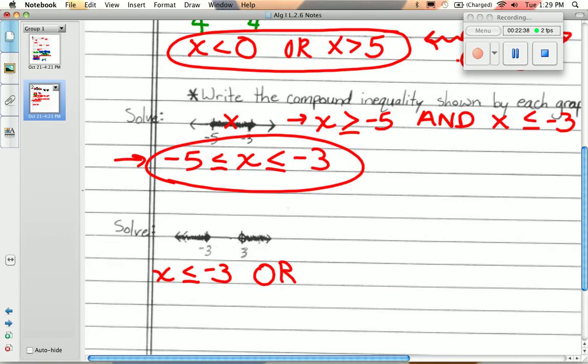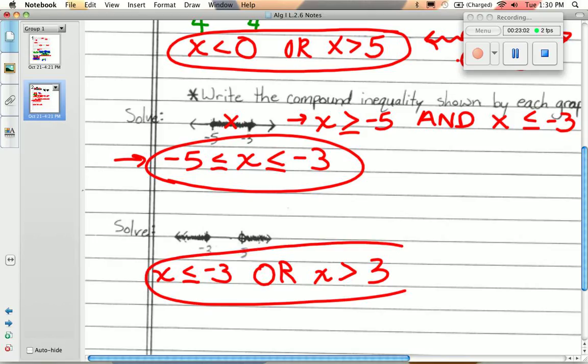Does this one have a shaded or unshaded dot? Unshaded. So then what will we put? Greater than 3. No equal to bar on that one, right? Remember, they don't both have to have it. They don't have to match, do they? Okay, so x is less than or equal to -3. That's one of the possibilities. Or x is greater than 3. Here's our compound inequality. Okay?